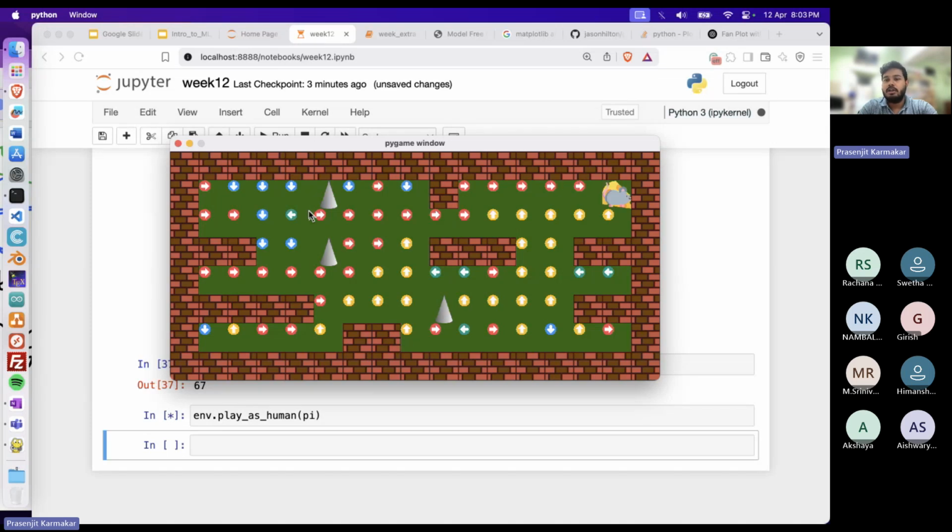Yeah, I can reach the cake from the initial state without falling into these things. See, at this state, it is actually avoiding the spike. Here also, it is not going right, it's going left, go down, right? So it's basically avoiding those spikes.